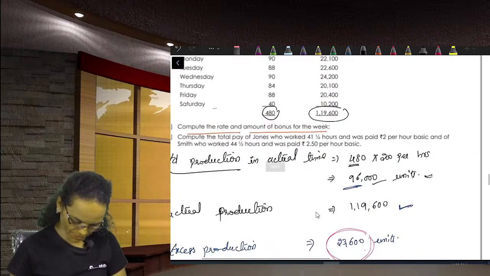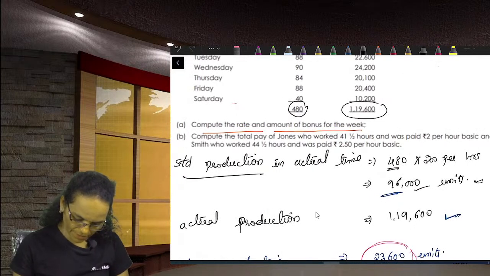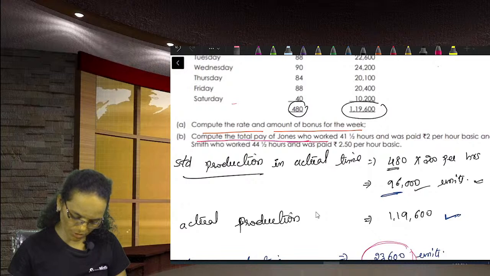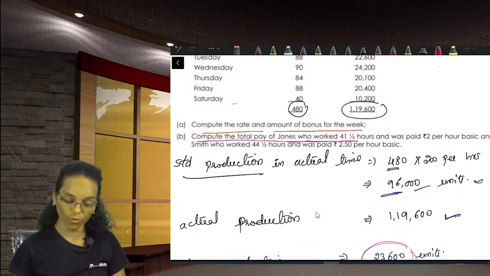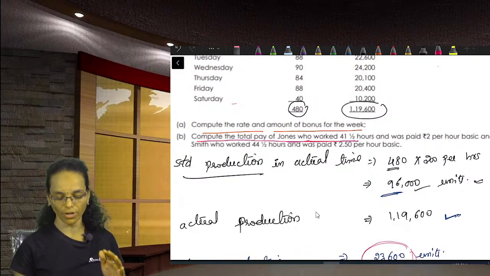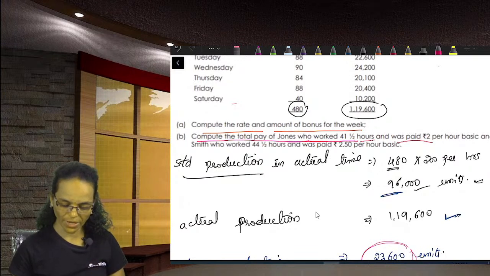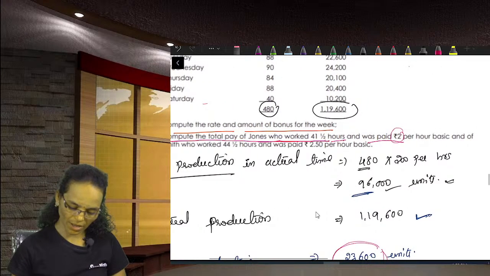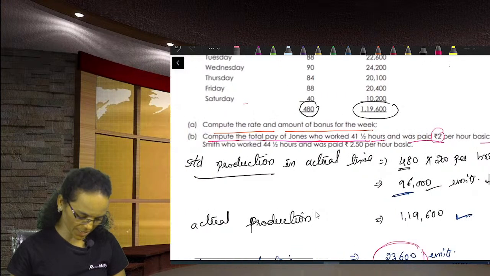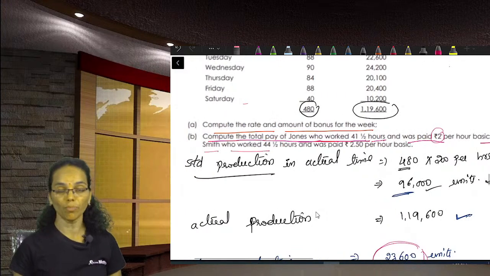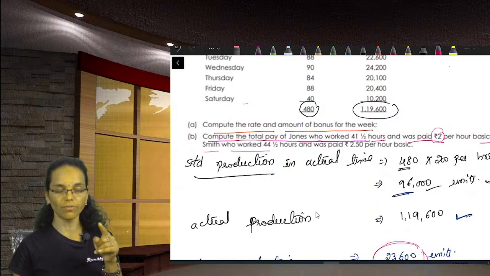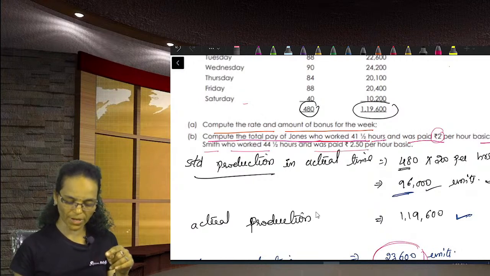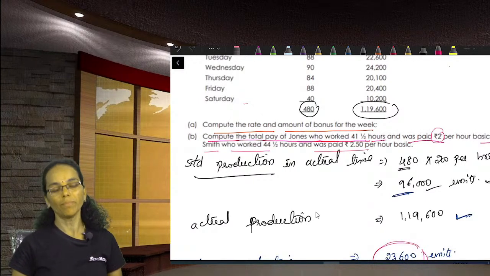Next bit, compute the total pay of John, who worked for 41.5 hours and was paid 2 rupees per hour basic, and of Smith, who worked for 44 and a half hours and was paid 2.5 per hour basic.